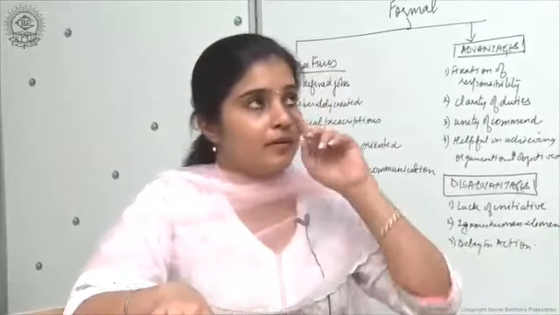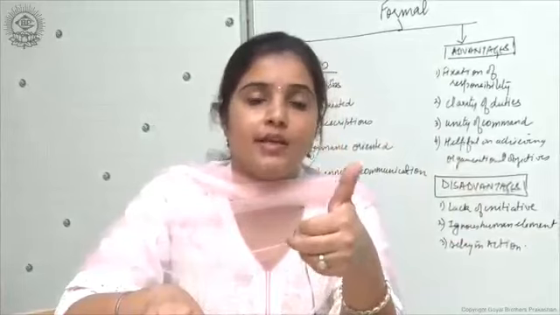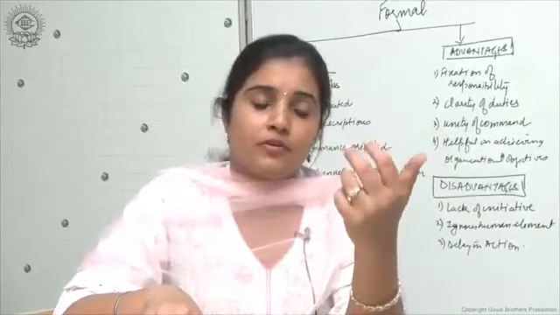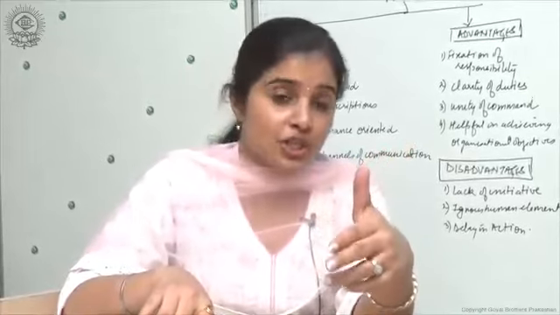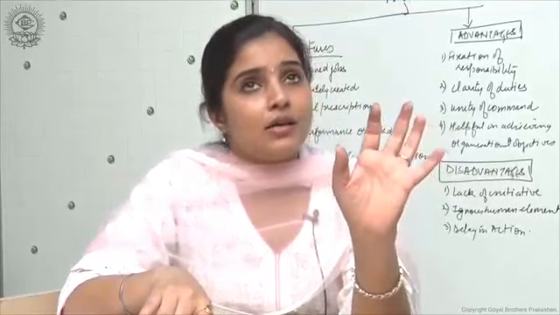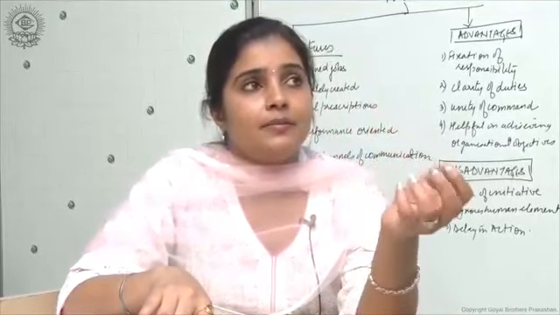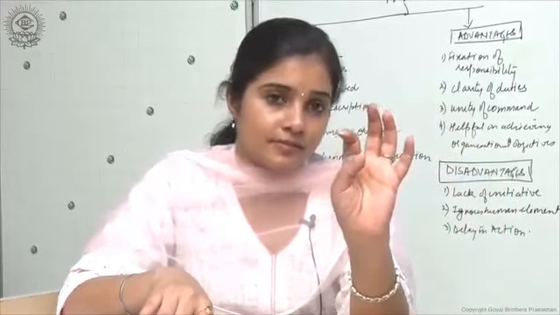Like let's say in a formal organization we say that we have a CEO, right? We have a president and then we have a vice president, right? Then we have divisional heads and then we have departmental heads.